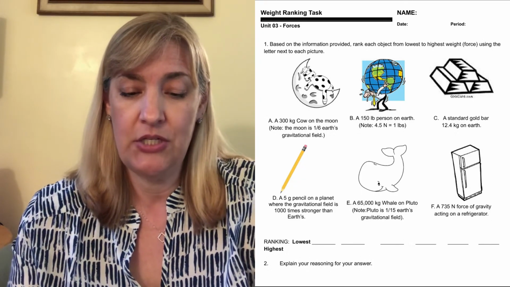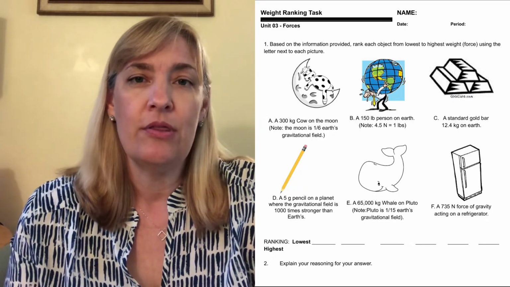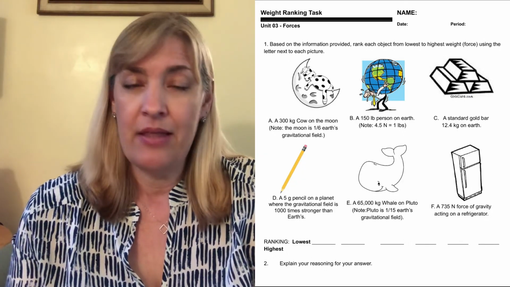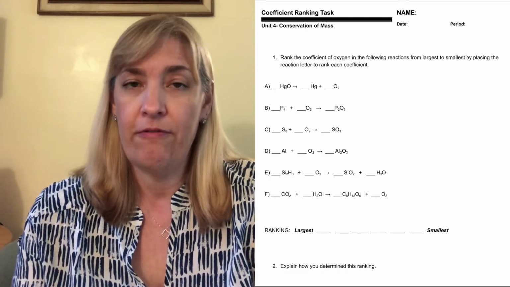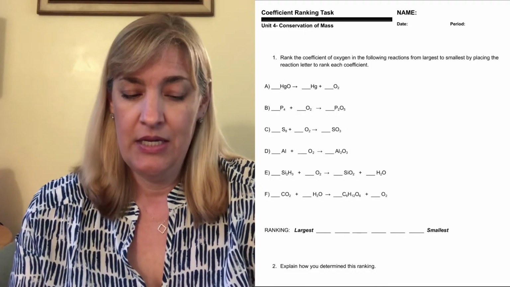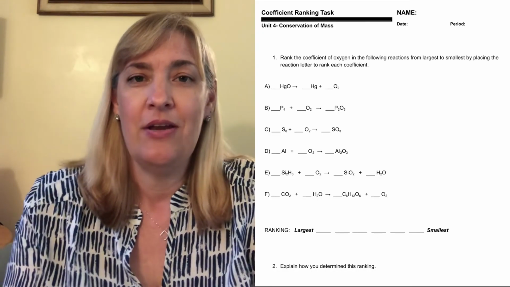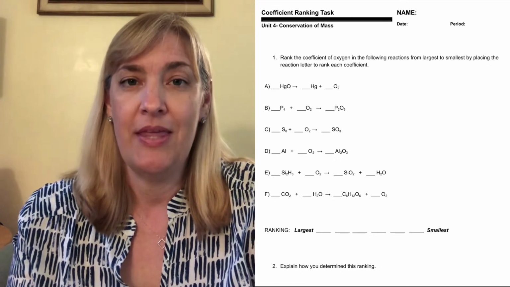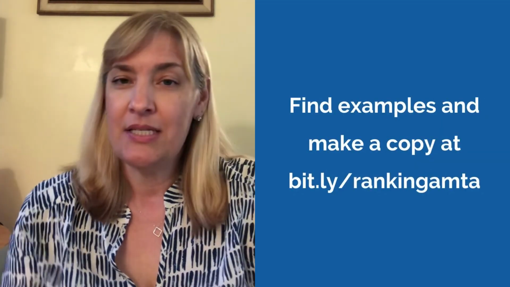In physical science, I've had students work with ranking tasks to determine their understanding of weight using different values such as mass on the moon, or grams on Earth, or force in newtons. To practice balancing equations, I've also had students complete a coefficient ranking task so that they can determine the order of magnitude of the different coefficients.